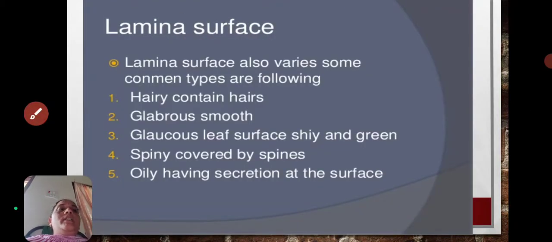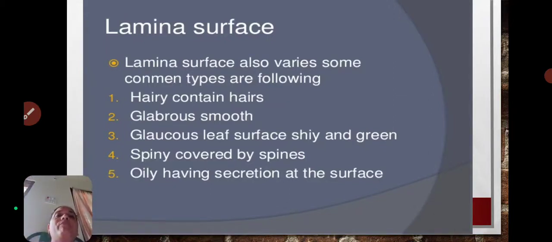And the next one is laminar surface. The laminar surface also varies, and there are different types. Hairy means containing hairs, and the second one is glabrous, meaning smooth surface. Glaucous means shiny and green, very shiny.